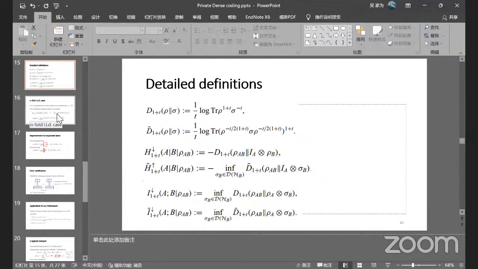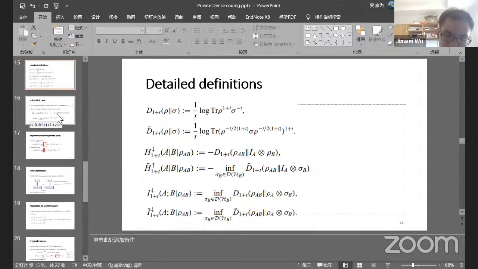Then for some states, for example a separable state between A and B, this kind of encoding cannot provide any advantage. It would be better to discard the separable bipartite state and just use the quantum channel to send the information.